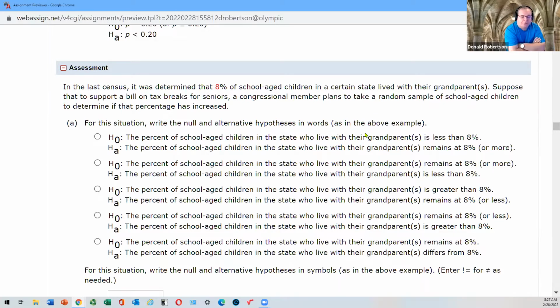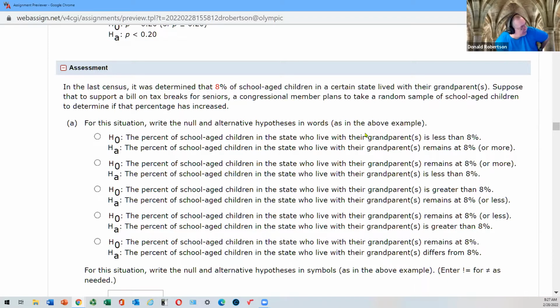Maybe it's a single mother and she can't cope with looking after her children, so she's given them to their grandparents to look after. Whatever it might be, 8% of children are in that situation. Okay. Suppose that there's going to be a bill to support a tax break for seniors, right? Because if you're looking after some kid, it costs money, right? You have to feed them and clothe them and who knows what else.